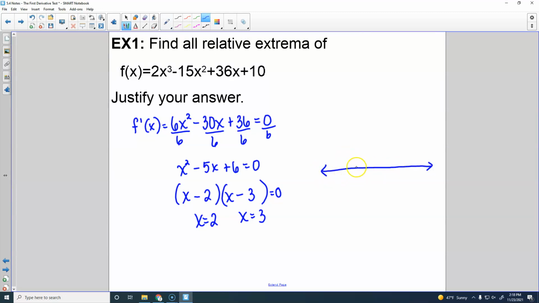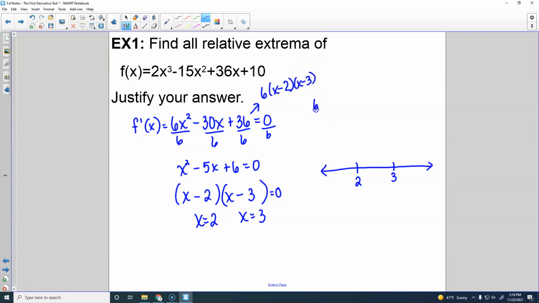So on our number line, we're going to put a 2 and a 3. We're going to do just like we were doing yesterday when we were finding increasing and decreasing. I like to do the chart. So this factored is 6 times x minus 2, x minus 3.